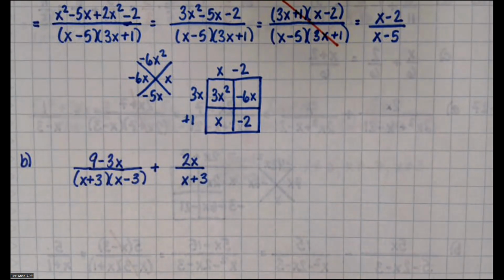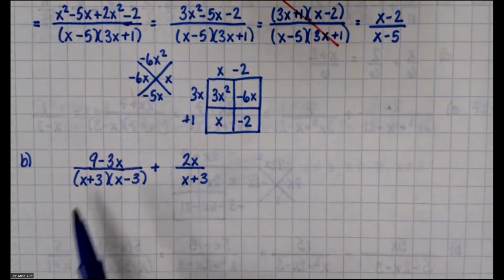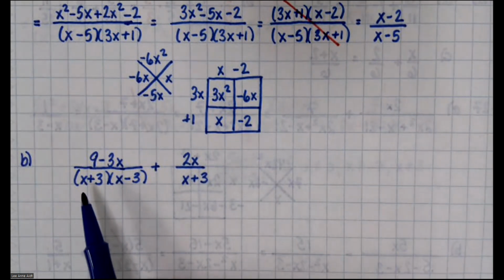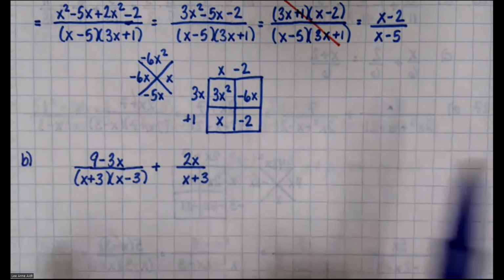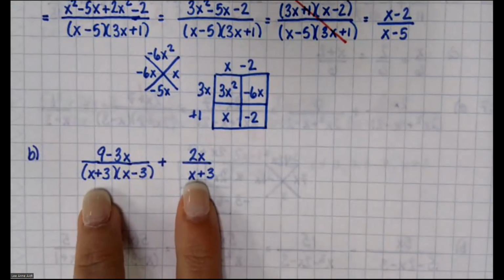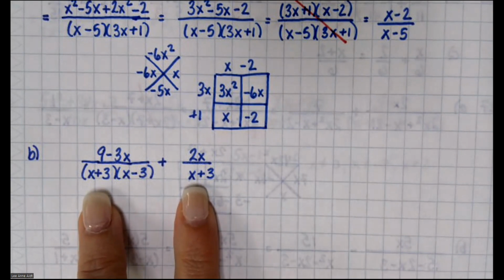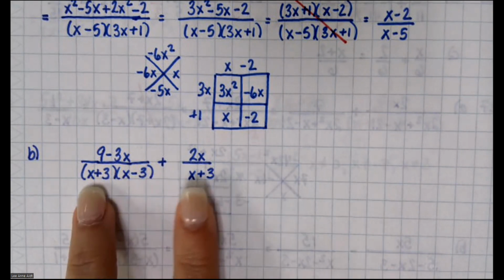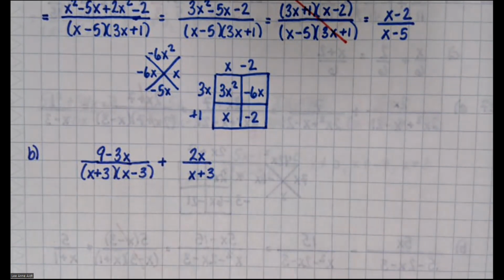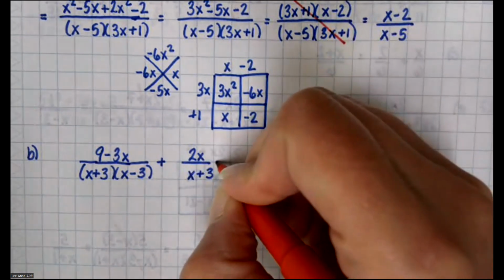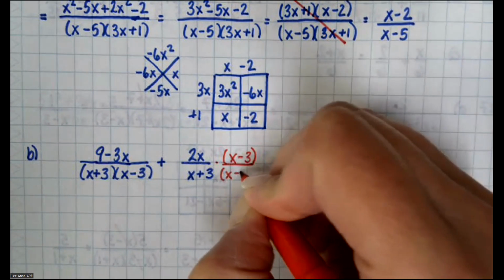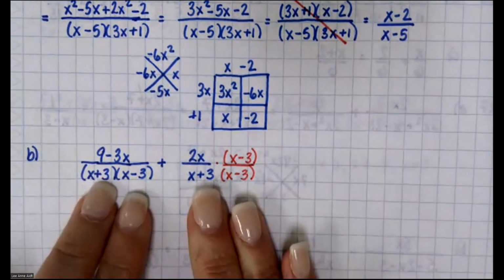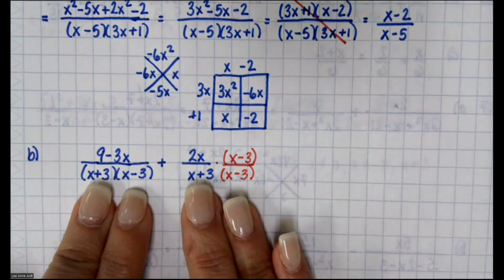All right. x plus 3 is a number. x minus 3 is a number. x plus 3 is the same number as this number. What does it need? It has an x plus 3 already. What does it need? An x minus 3. So I'm going to multiply by a giant 1 made of x minus 3. And then hopefully you can see, oh, now the denominators match each other.